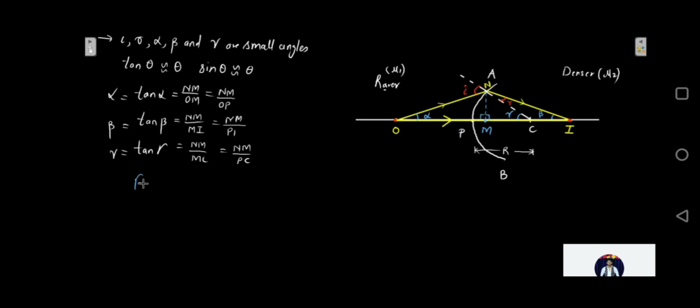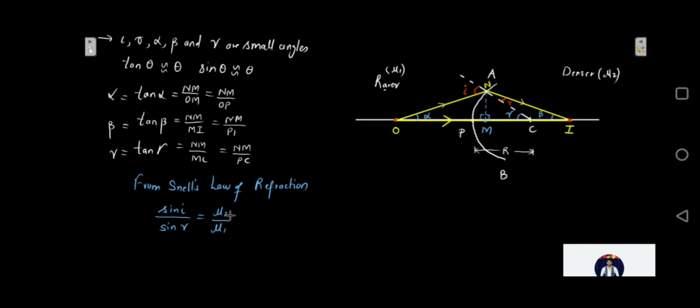So from Snell's law of refraction, I can say that sine of I upon sine of R is equal to refractive index of the second medium, that is mu2, upon refractive index of the first medium, that is going to be mu1.